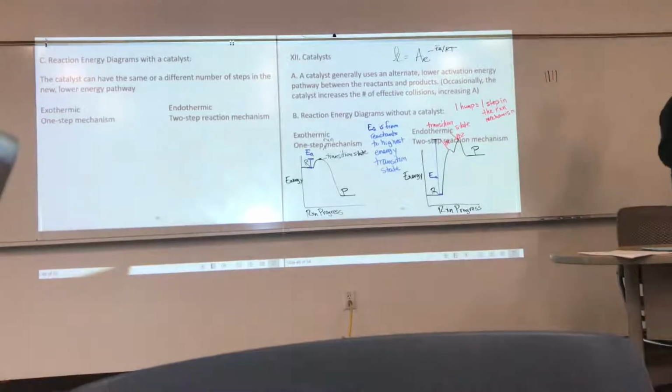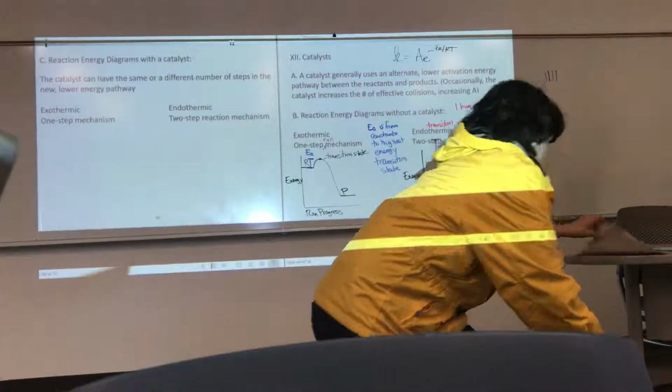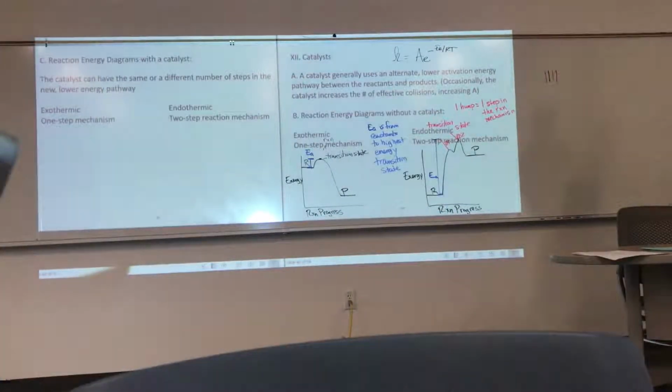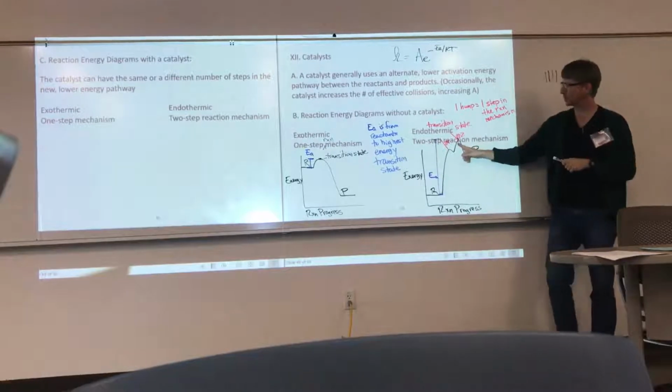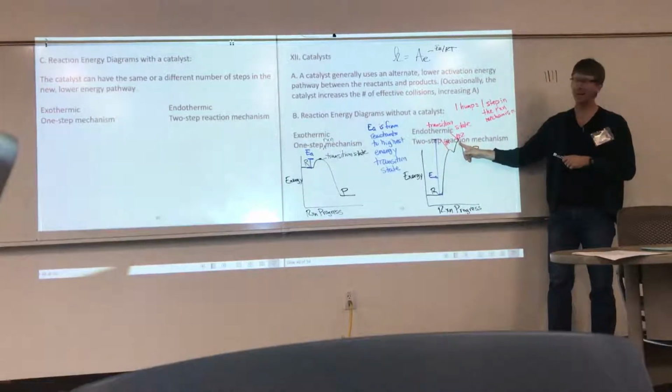we talked about having mechanisms with two steps and asking the question which one was the rate determining step. And the rate determining step, or the slow step, is going to be the one that has the highest energy transition state complex.